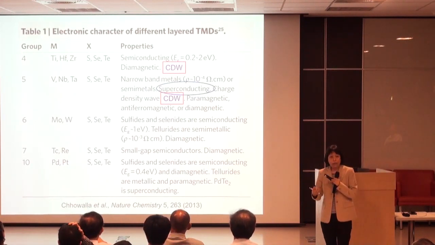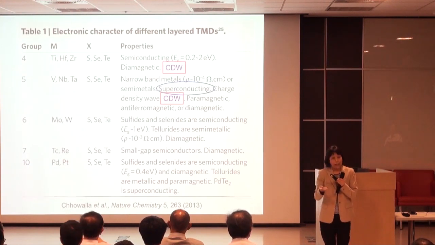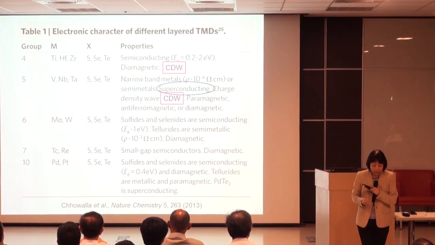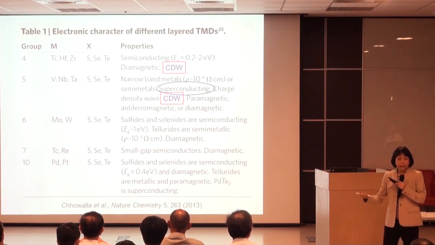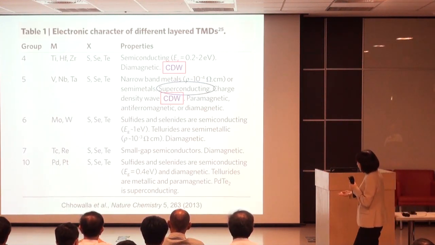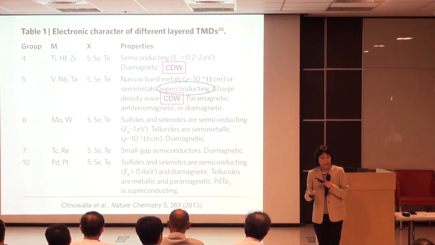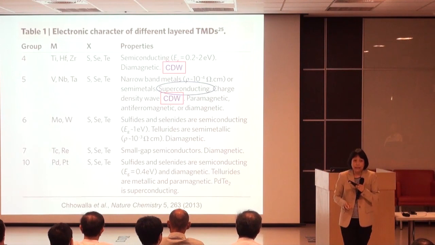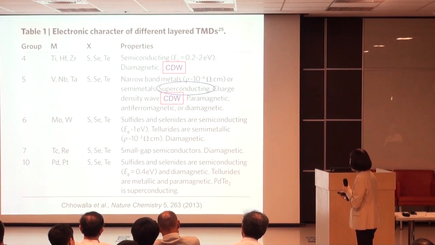So those are all the properties people knew previously from the book. Now we have the opportunity to grow one single monolayer or two layers and stack them up to build from those multiple layers, and then look at their properties in these different limits. Okay. All right.